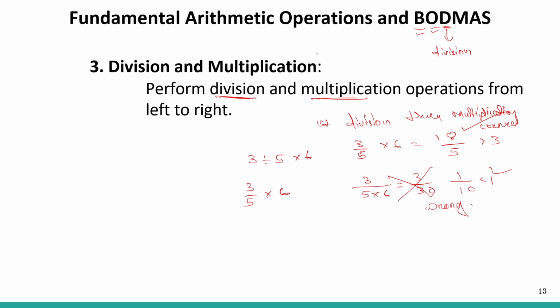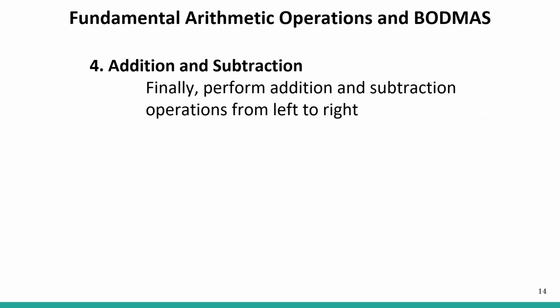We are done with D, that is division and multiplication. And what we are left with is A and S. So the fourth rule in the BODMAS rule book is addition and subtraction. First we do addition and then we go for subtraction.